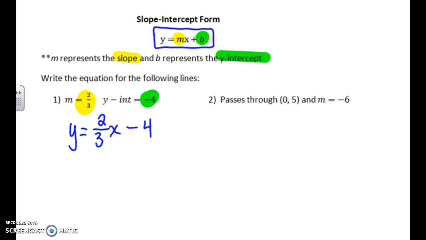The second one says it passes through 0, 5 and has slope, or m, equals -6. So right away we already know that that slope number is -6. However, you also have to observe that if it passes through 0, 5, we know that anything that has 0 in the x spot, that automatically means that the other number has to be the y-intercept.